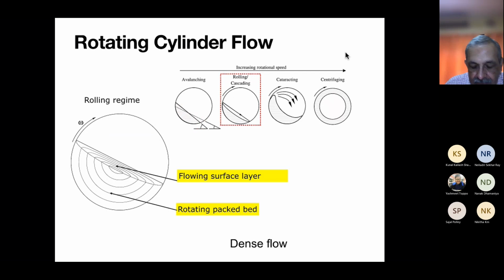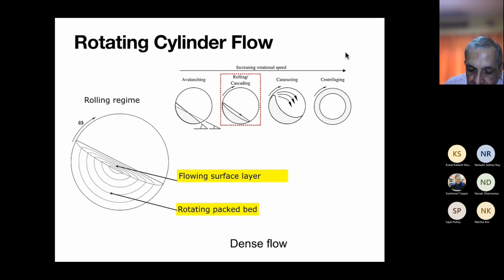So then it just cycles between these two, and the flow is a series of avalanches. It's an intermittent flow. And then if you go to higher speeds, then you get a nice continuous flow where there's a flowing layer on the surface, and then over here you have a rotating fixed bed.